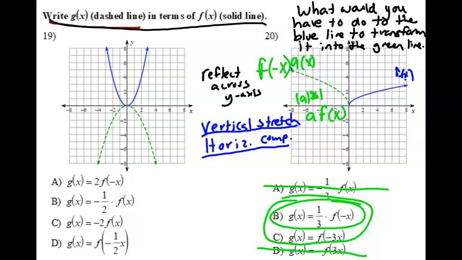So this would actually not be a vertical stretch. That would be the opposite. So the answer would be this one. A horizontal compression is what it turned out to be instead. That's where you have a number inside the parentheses, and that number is greater than 1. That's a horizontal compression. Okay, so that's pretty much the gist of it there.